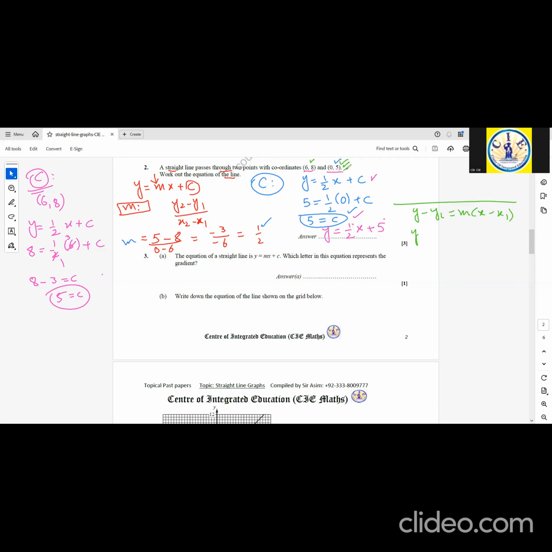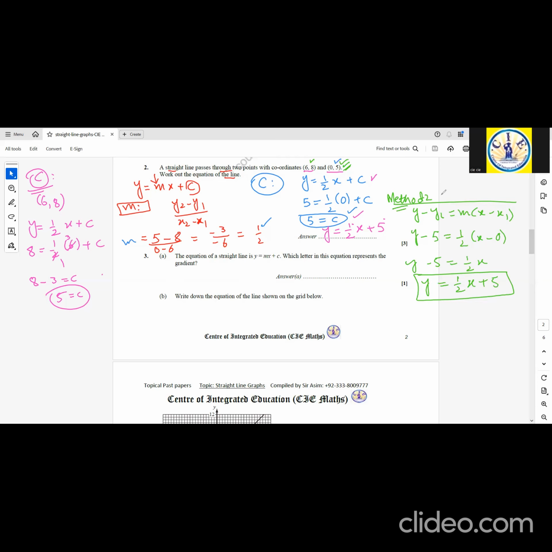So I'm using this point. y minus y1, 5, is equal to m, which is 1 by 2, times x minus x1, which is 0. So 1 by 2x minus 5. Then shifting this 5 to the other side, that will give me y is equal to 1 by 2x plus 5 again. So you have seen that no matter which method you adopt and which point you replace it in, you get the same answer. You get the same equation.